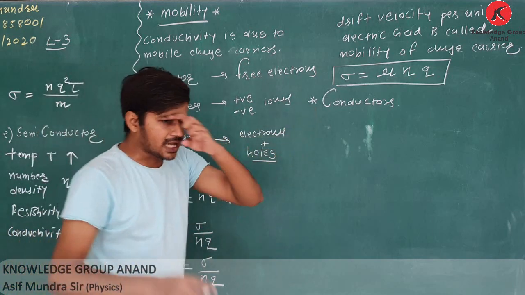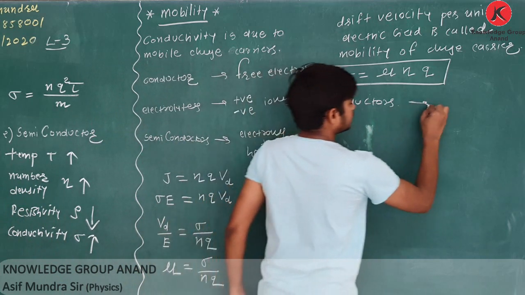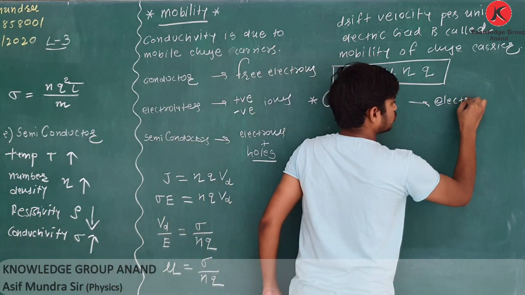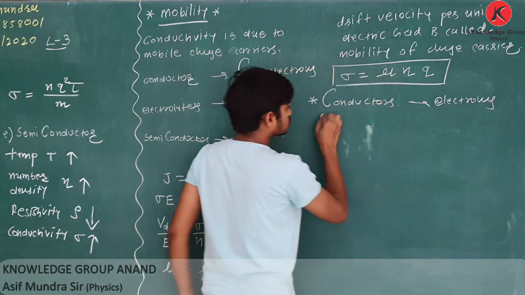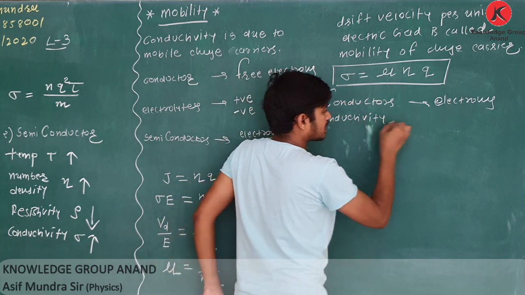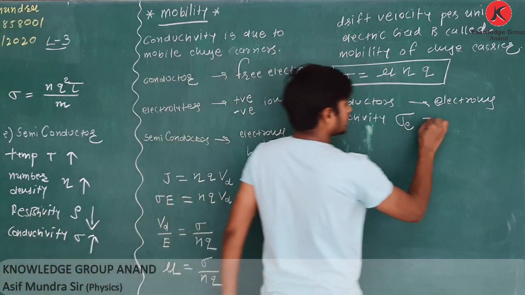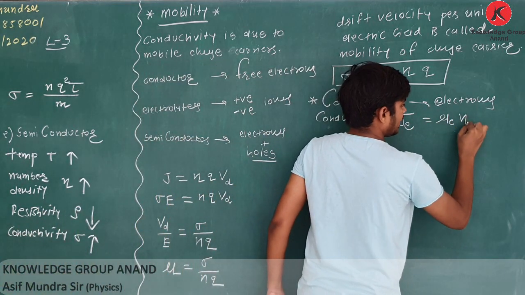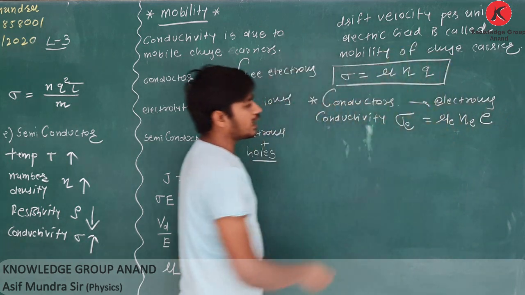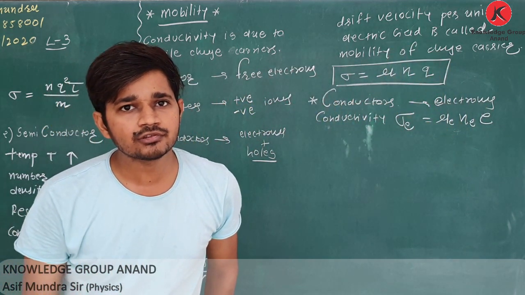So in conductor, current is formed due to free electrons. So in conductor, how to write conductivity? Conductivity is due to electrons, means sigma is equal to mu n e. And what is charge of electron? It is e. Clear about this?